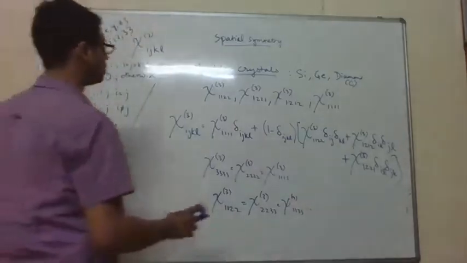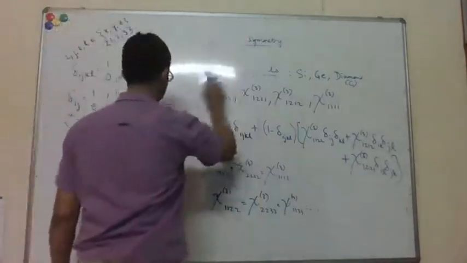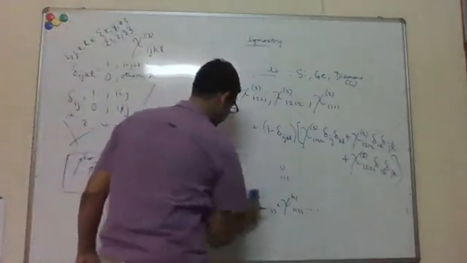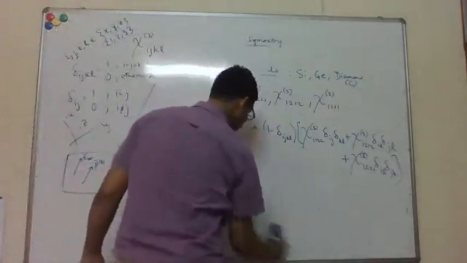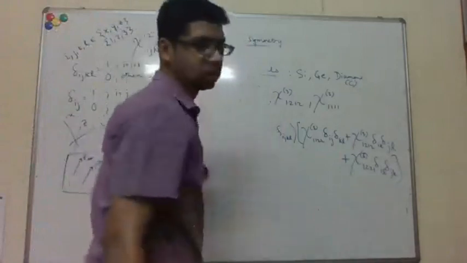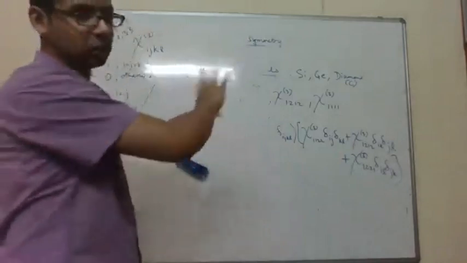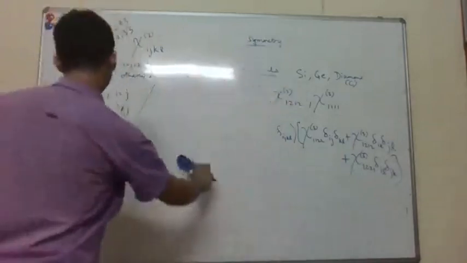Okay, and that's called... So almost all the chi3 nonlinear optics are done with these two kinds of either isotropic or cubic.